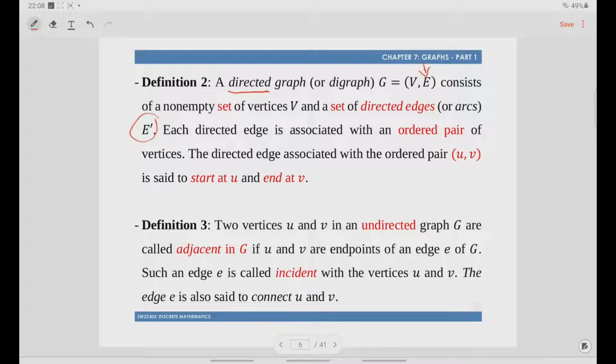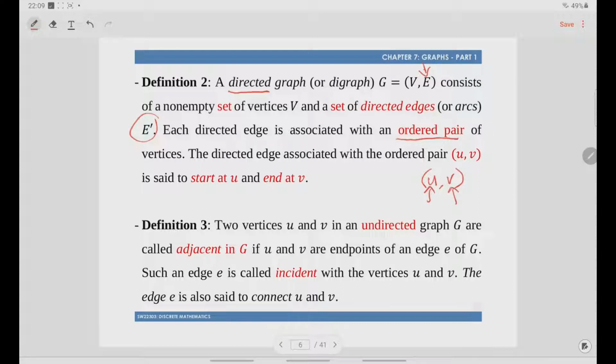Each directed edge is associated with an ordered pair of vertices. Ordered pair means the order of vertices matters. The directed edge associated with the ordered pair (U, V), as we learned in the relation chapter, the order matters. So it is said to start at U, that's why U comes first, and end at V, that's why V comes later.